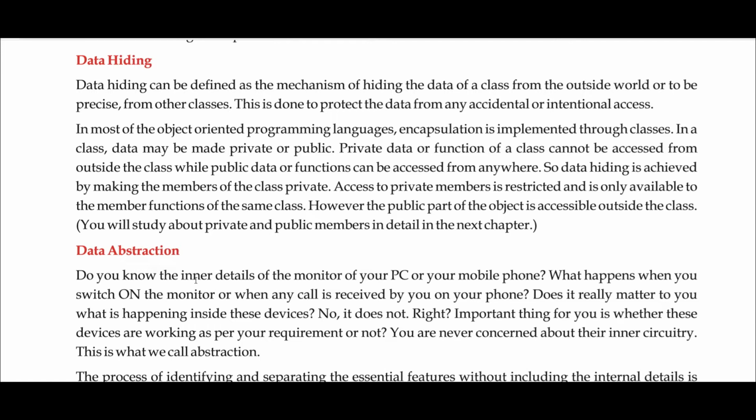But if a data member or a function is public, then even other classes can access it. So this is how you provide data hiding. Suppose you have 100 data members and 50 functions, that is, the functions that operate over those data members. Now suppose you want to hide 50 of the data members and 25 of the functions.